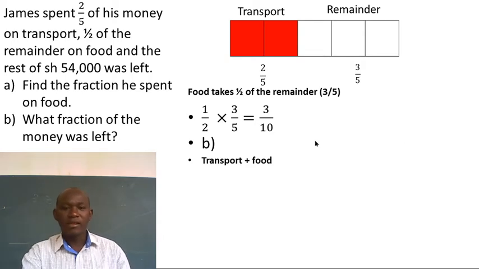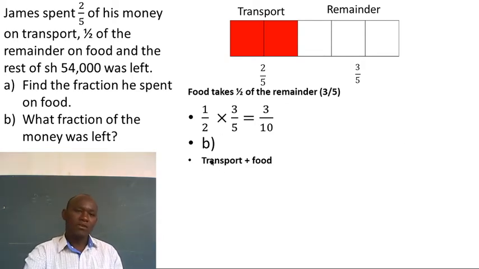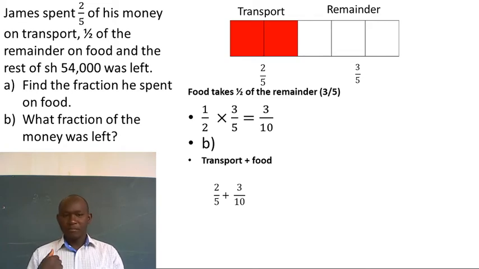So the total fraction spent is transport plus food. Transport is 2 out of 5, food is 3 out of 10. Our denominators are not the same, so we need the LCM of 5 and 10, which is 10.